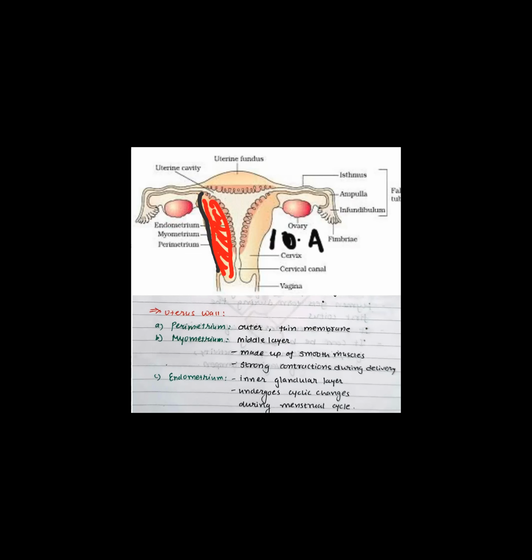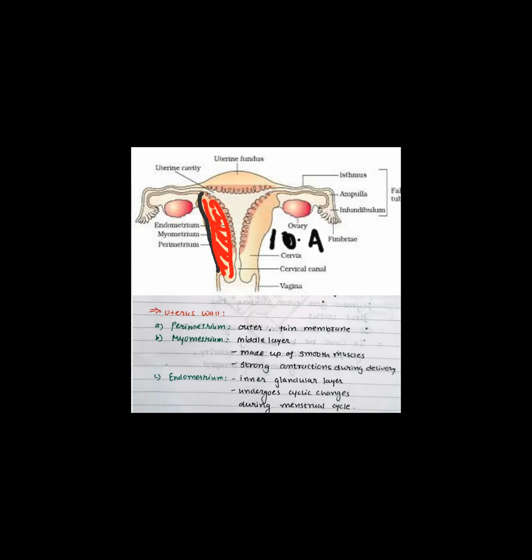Then this middle layer is called as myometrium. Now myometrium is made up of smooth muscles, non-striated plain muscles. Very strong contraction of these muscles helps in delivery or parturition.